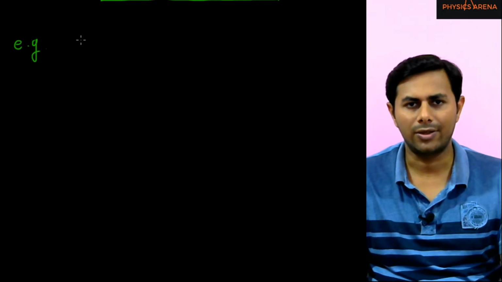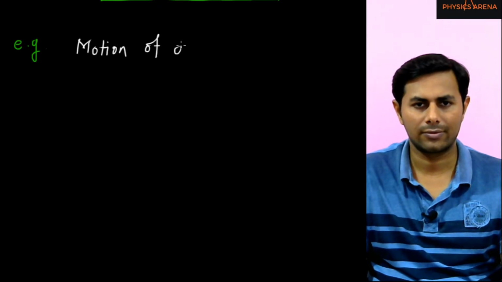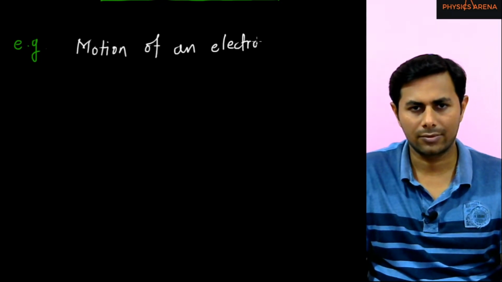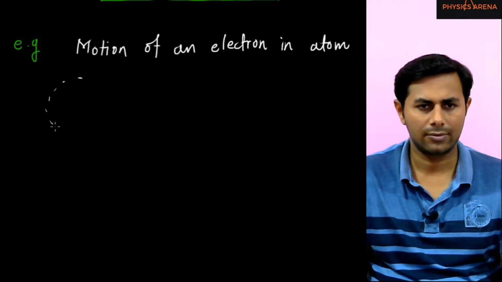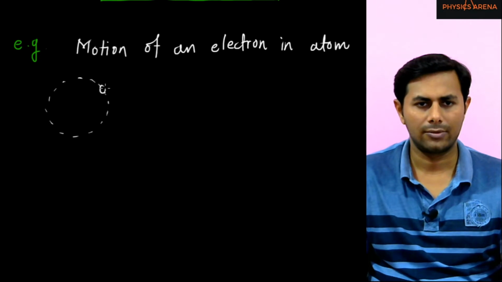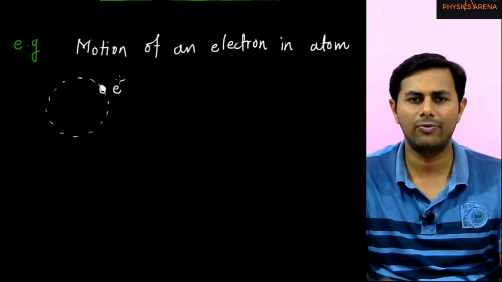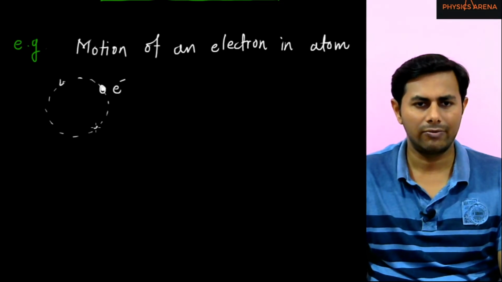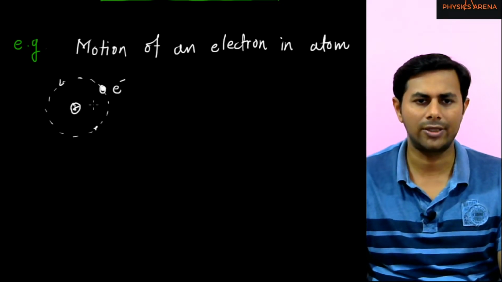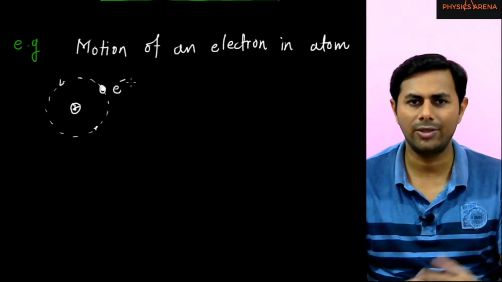For an example, motion of an electron in an atom. We know from the classical theory of an atom that electrons revolve in circular orbits around the nucleus. Let's suppose this is an electron which revolves in a circular orbit around this nucleus. Electrons are negatively charged, nuclei are positively charged.